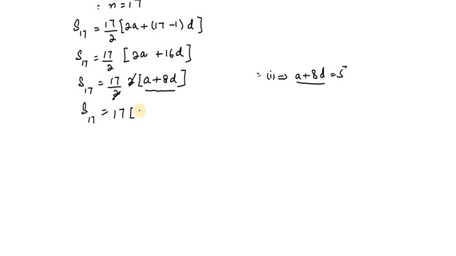So we can write 5 in the place of a plus 8d. S17, the sum of the 17 terms, is equal to 85. 85 is the required answer. It is the sum of an arithmetic progression of 17 terms whose middle term is 5.